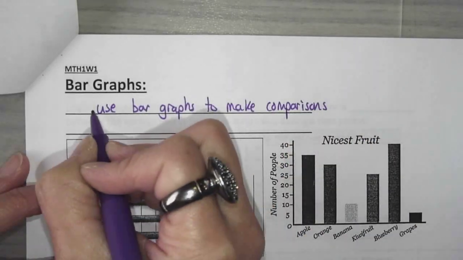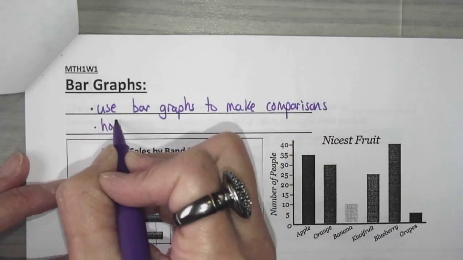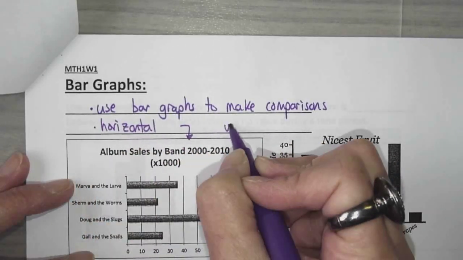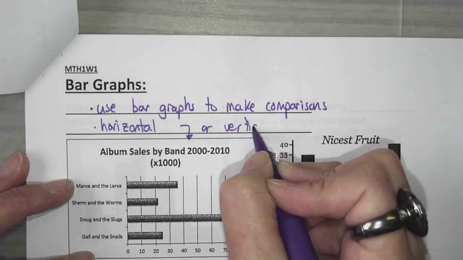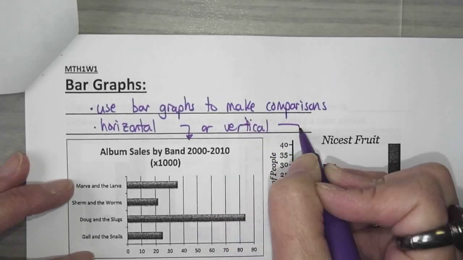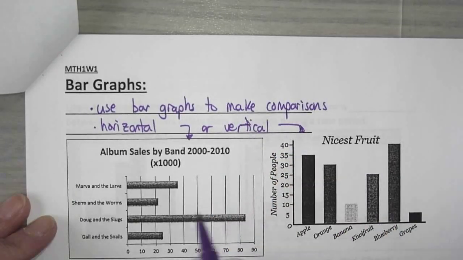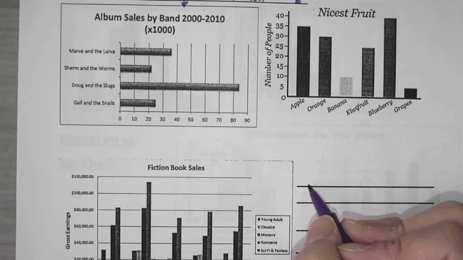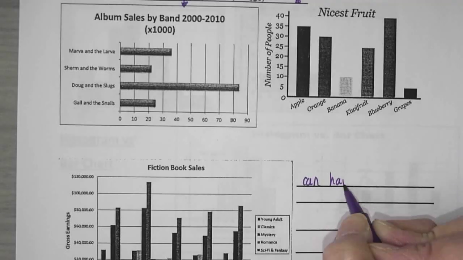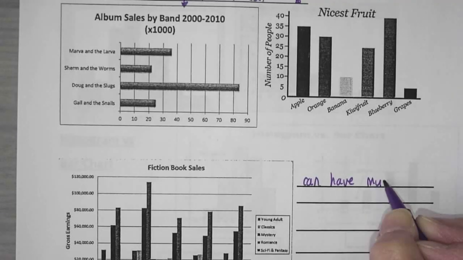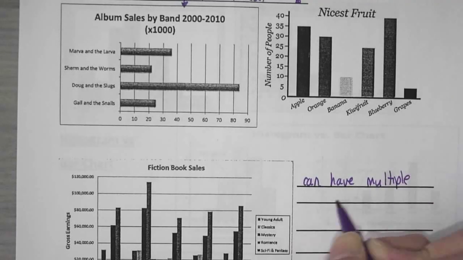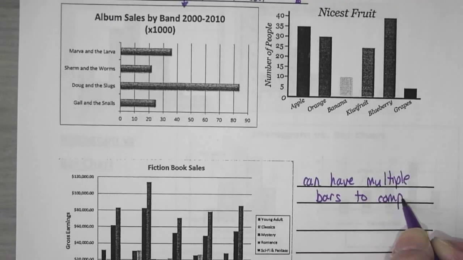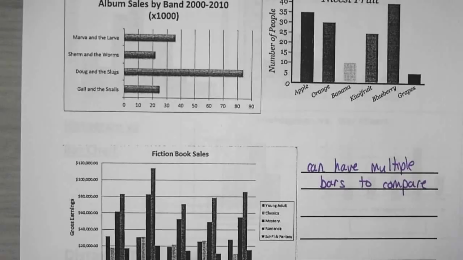The bar graphs can be horizontal, like this, or vertical, like that. So they can go up and down, or they can go side to side. You can have multiple bars to compare. You can compare different things.